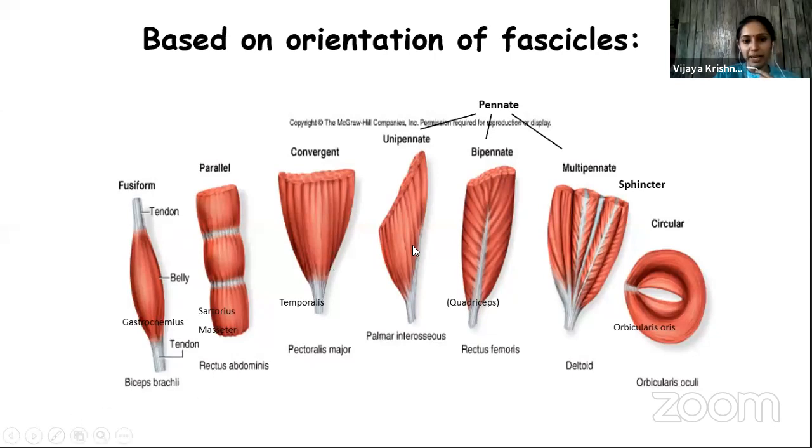The unipennate type, which is the interosseous, palmar or dorsal. The bipennate, which is rectus femoris. Multipennate, something like the deltoid. And circular muscles like orbicularis oris or oculi. So these are the various muscles classified based on the type and orientation of the fascicles.